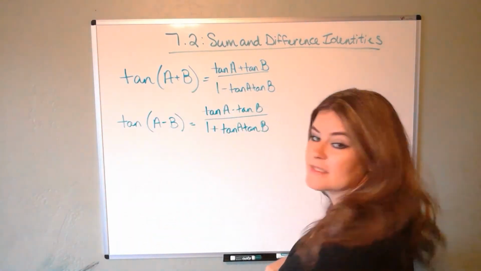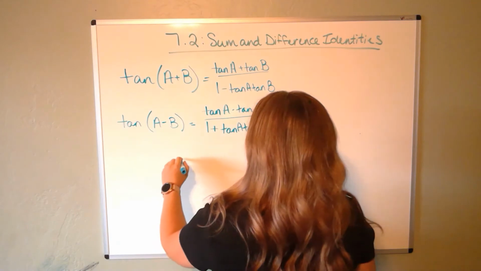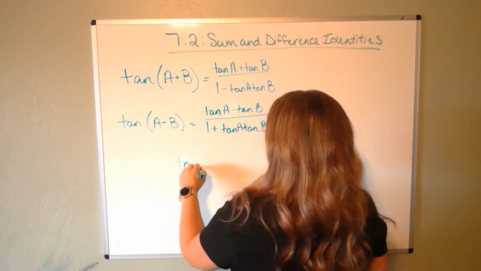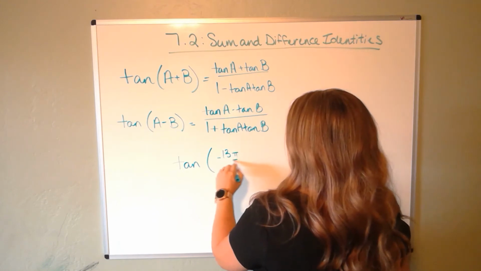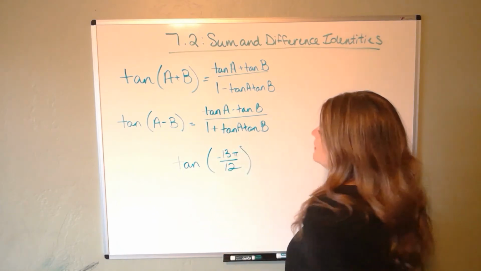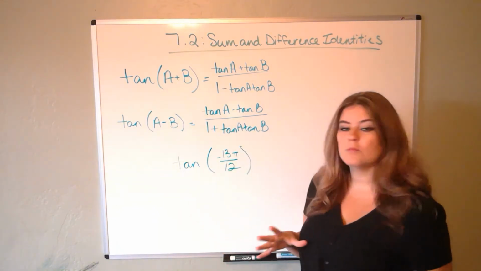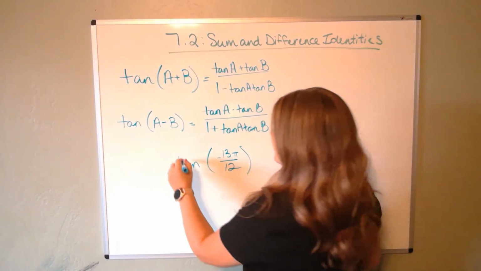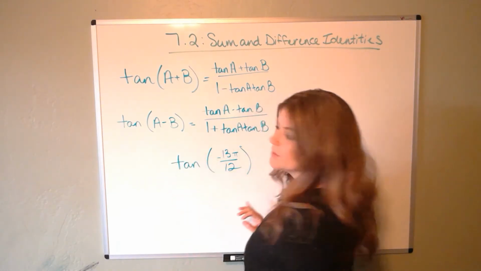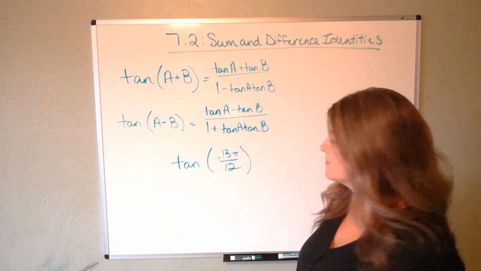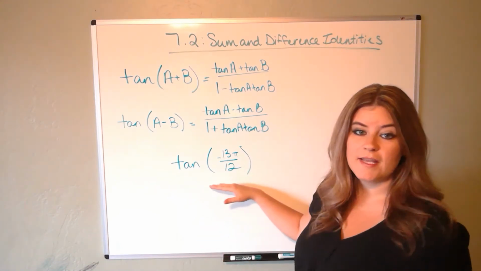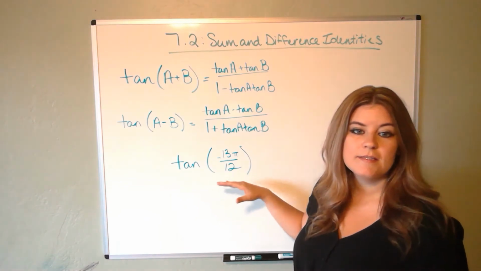So in this example, guys, I want to find the tangent of negative 13 pi over 12. So I want to make sure I do more challenging ones with you, so when you find them in your homework, you're not blindsided because I've done all easy problems, right? So you guys, first of all, this is negative, and it's radians.